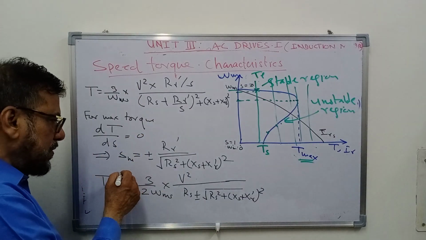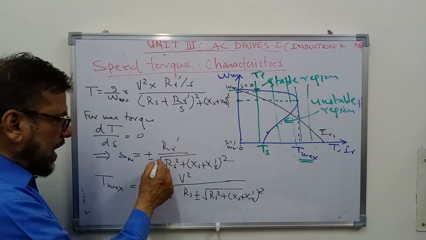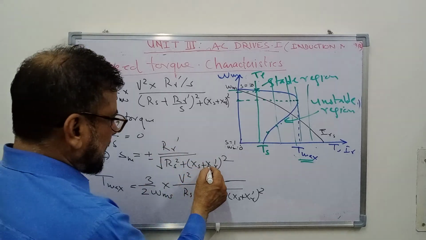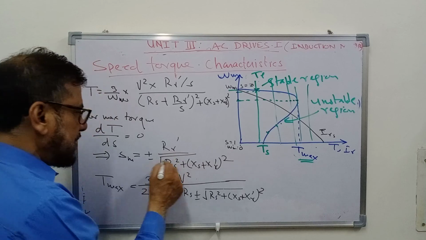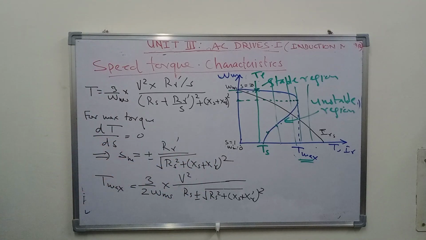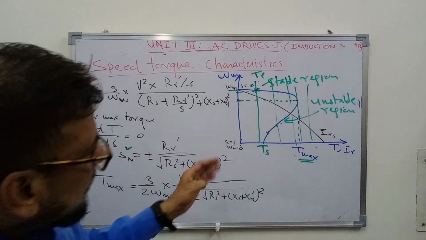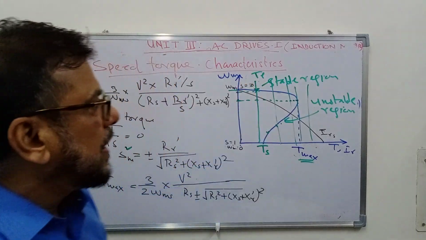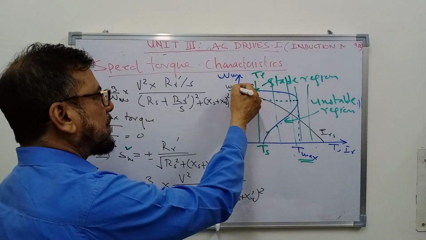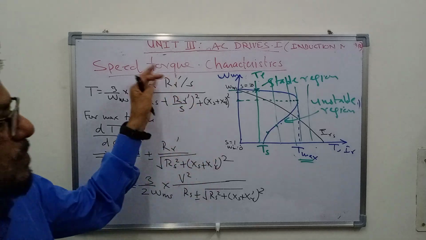Then you will get Sm equal to Rr dash upon the square root of Rs square plus (Xs plus Xr dash) whole square, with plus and minus, so there are two values of slip for which the torque will be maximum. One will be positive, the other negative, and the negative one I have not drawn here; it will be in the generating mode, in the braking mode.